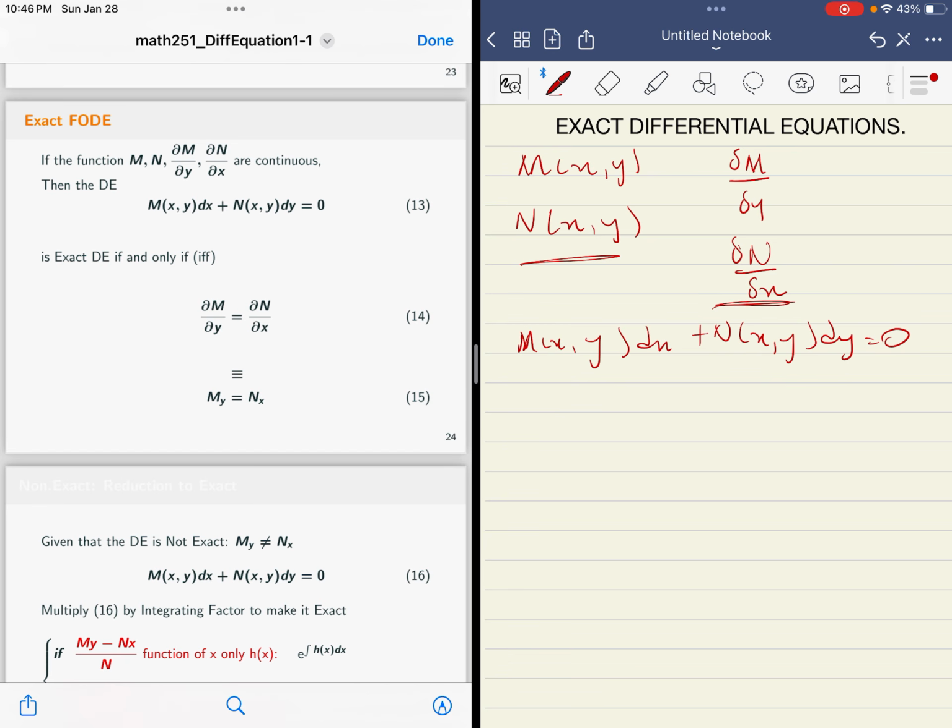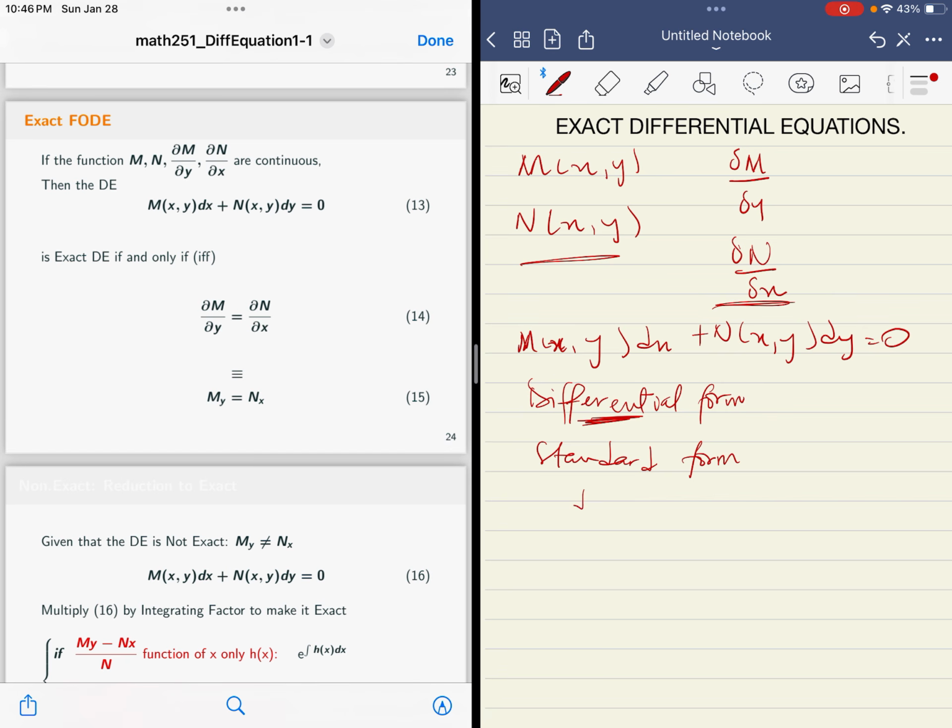Now, if you look at this differential equation, it is written in the differential form. In solving for exactness or non-exactness of a differential equation, you need to always write it in the differential form. I know that you know what the differential form is and what the standard form is, but I will do a recap for you.